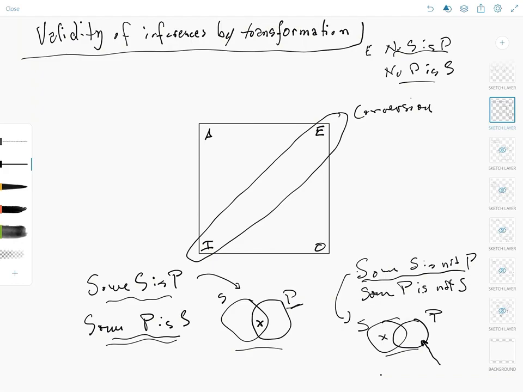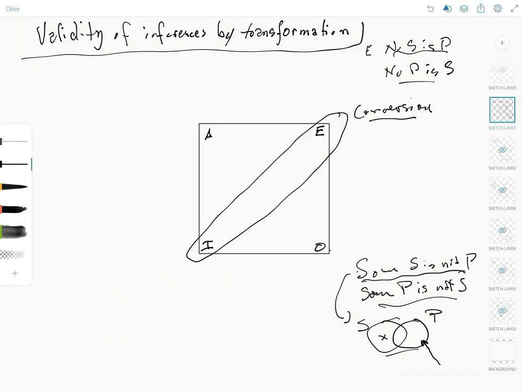So that means that it is possible for this premise, the O, to be true and this conclusion to be false, which means that the O is not a valid inference applying conversion. So what we've established here is that conversion is valid for E and I, but not for A and O. Okay, so that's great. Now let's look at another.